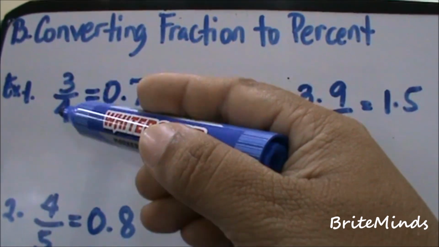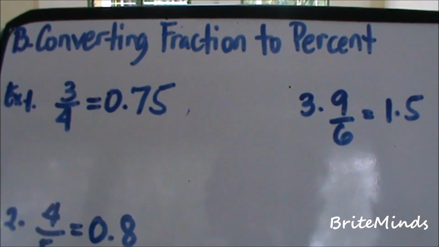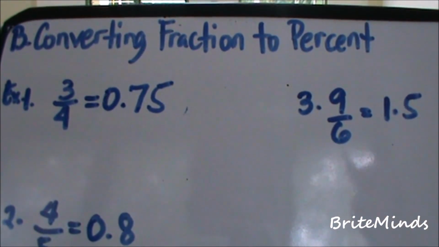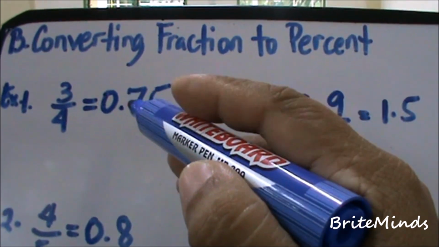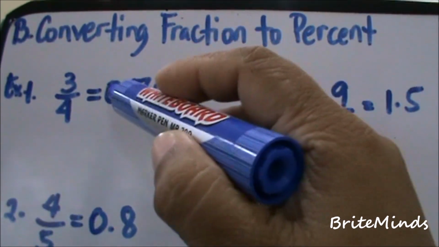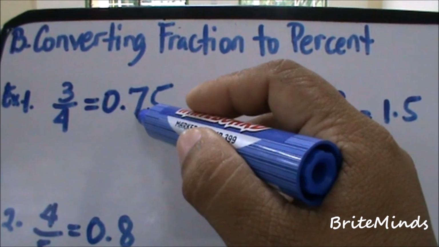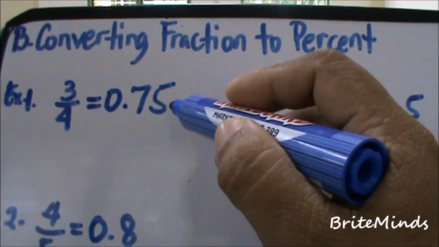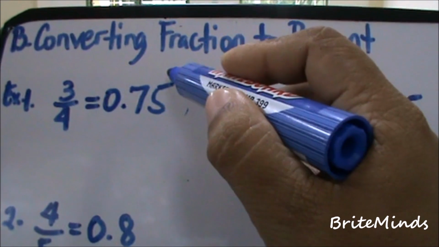So 3 divided by 4 equals 0.75. And then we need to move the decimal point 2 places to the right. So this is the right side of the decimal places. So we need to move it 1 and 2, and then affix the percent symbol.